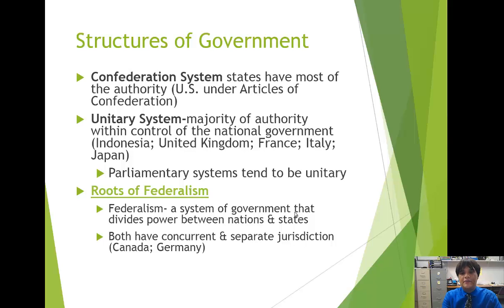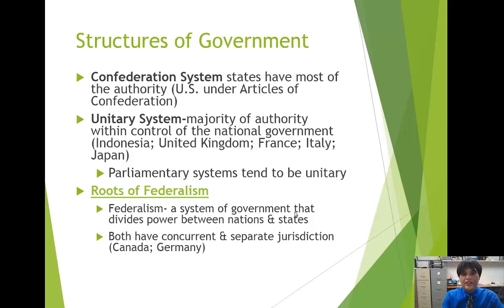And for my Texas government course, the Confederation system is very important because Texas was once part of the Confederate system here in the United States. Now, Confederation systems are very rare, and they often are very unsuccessful because there's a lot of chaos, and there's a lack of coordination between the state governments.